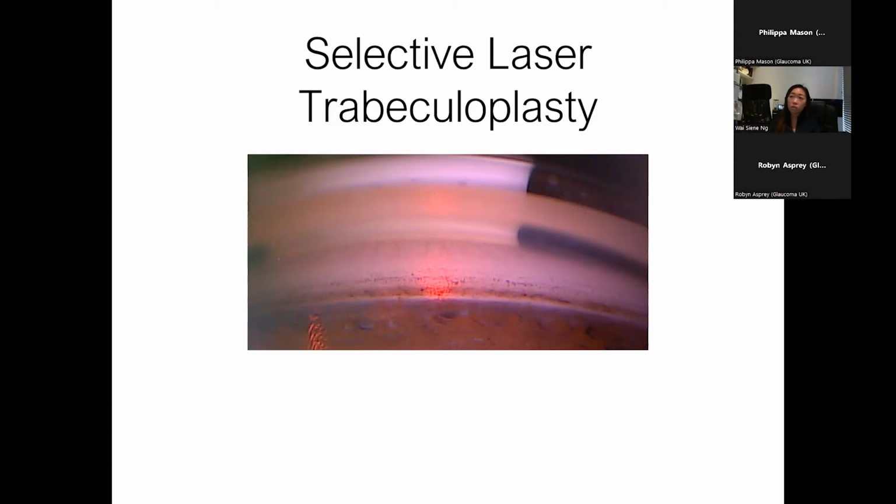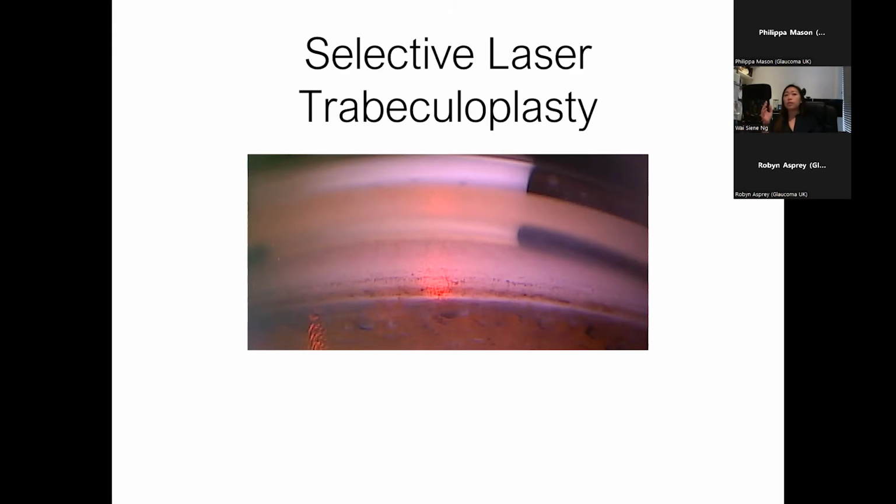You may ask, what is selective laser trabeculoplasty? You can see here in this picture, it is basically this red light that is laser that is shone onto the drains of the eyes, which you're familiar with now from the pictures before.